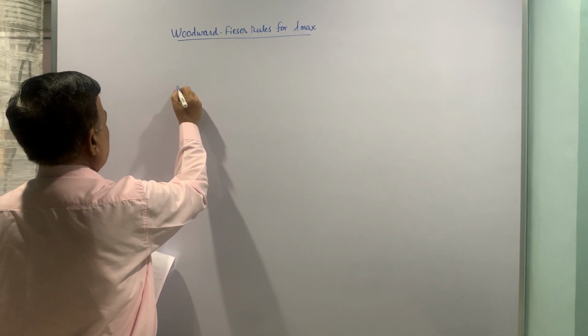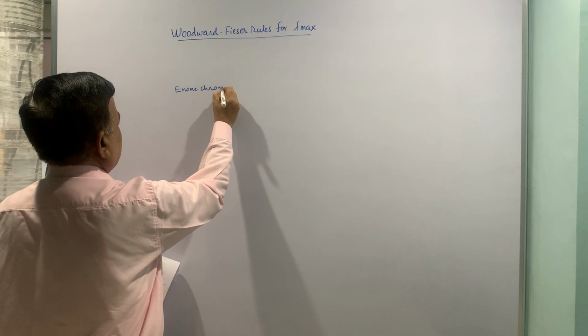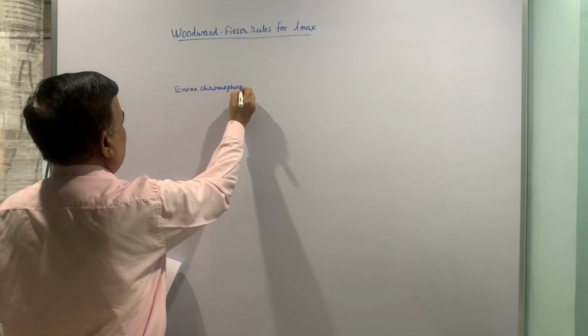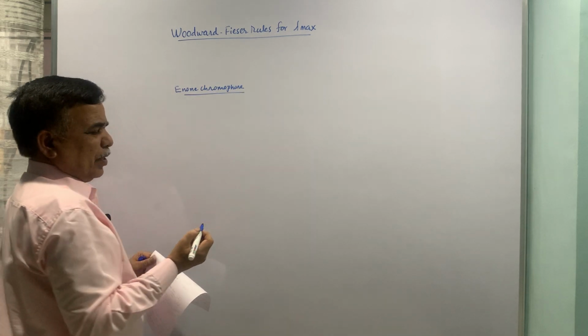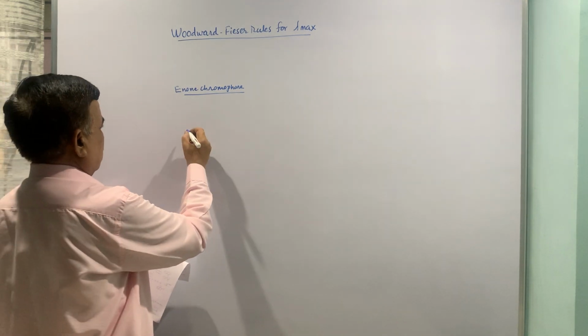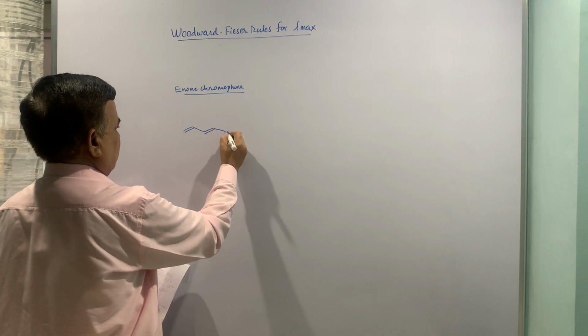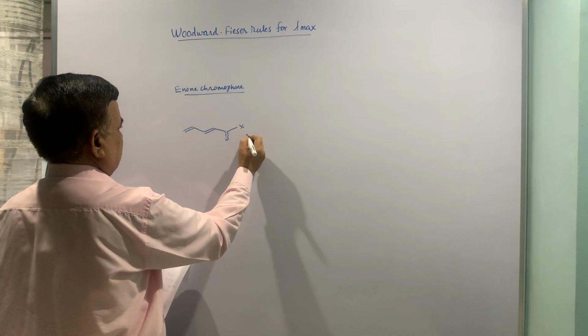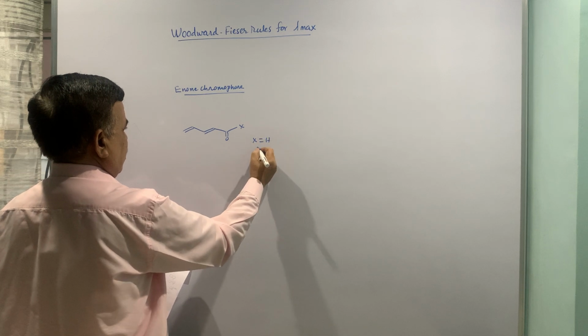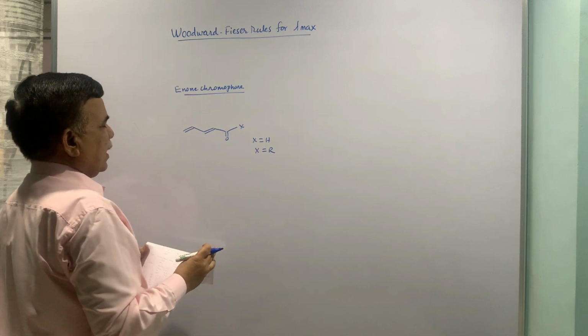So enone chromophore. Enone, the name suggests that it comprises a double bond as well as a carbonyl group. So let me put some arbitrary example here. X is equal to H, X is equal to R, aldehyde and ketone.